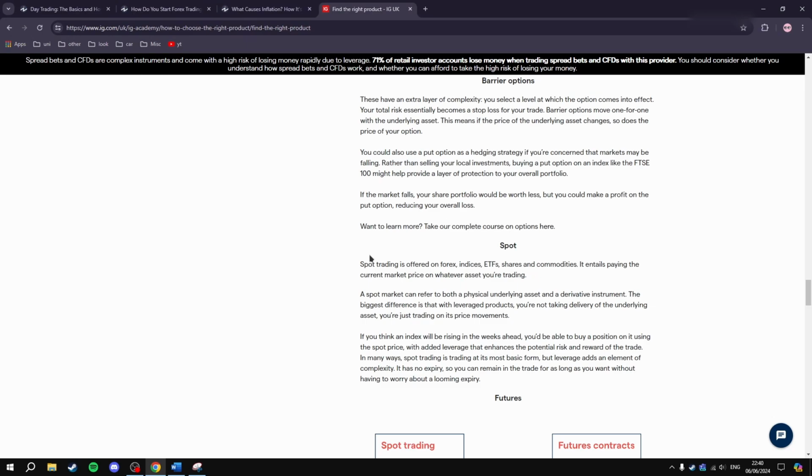This means that if the price of the underlying asset changes, so does the price of your option.